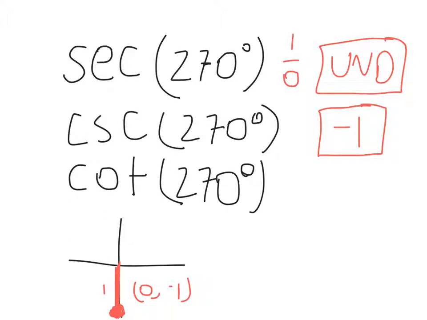And finally, for the cotangent, as we saw in the last slide, we find the cotangent by dividing the x by the y. So this will just be 0 divided by -1. And notice this one's not undefined, this one is 0, because 0 divided by any number is just 0. So therefore the cotangent of 270 degrees is 0.